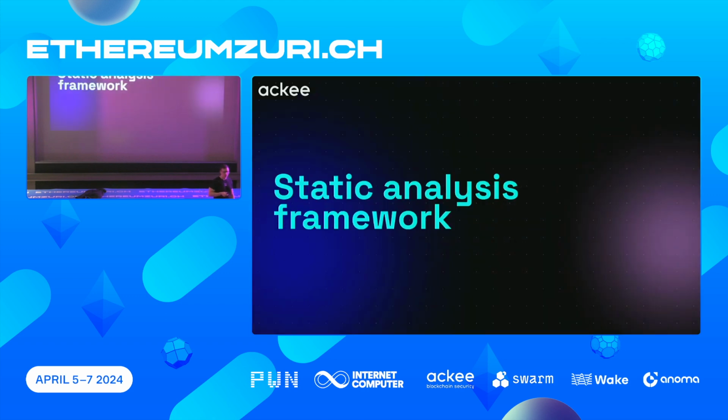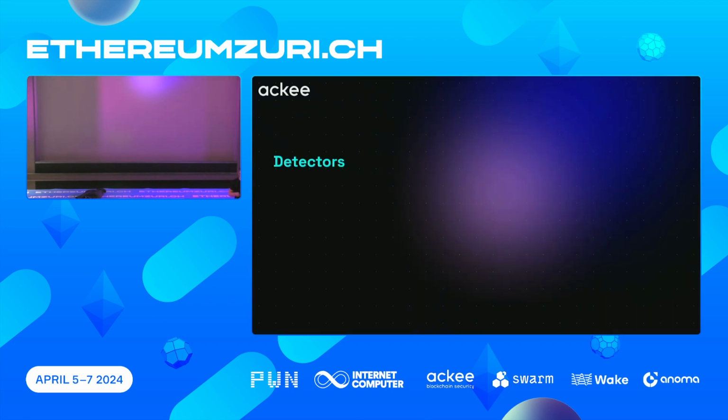There's also the static analysis framework, and I think the main feature here is detectors. So we've decided to take quite a different approach from other static analysis tools. By the way, if you don't use any static analysis tool, I really recommend using one because it can be super useful to detect early bugs in the code.